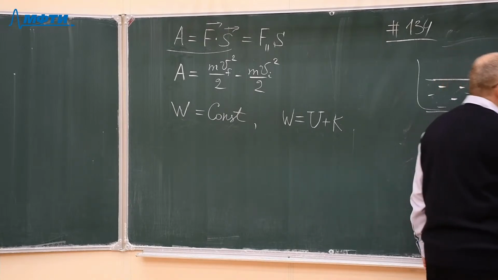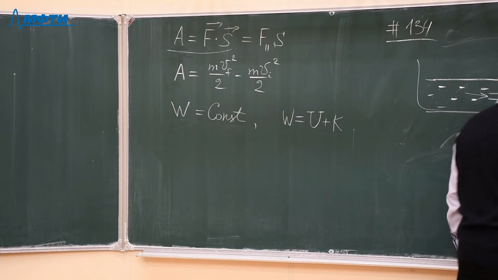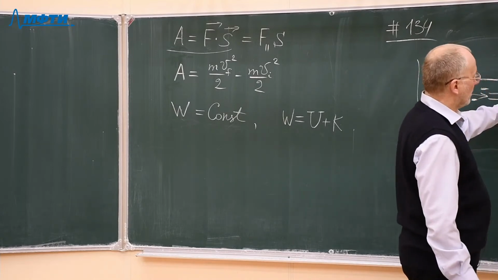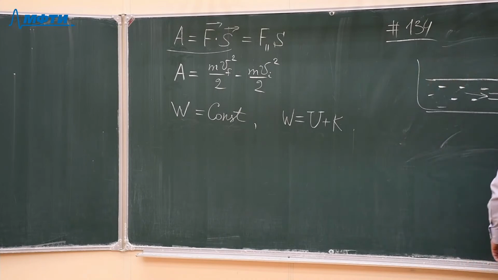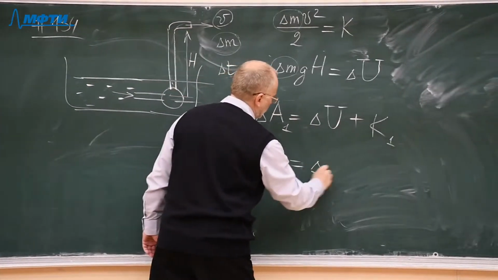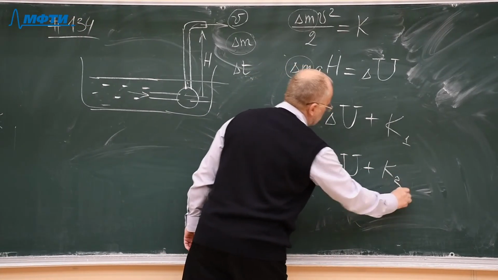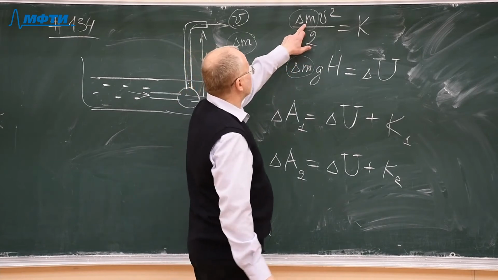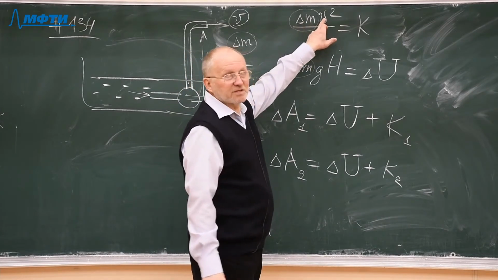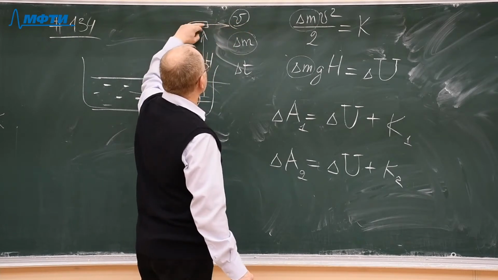And then the amount of water changed, and so the work produced by the pump in a unit time also changed. The potential energy difference is the same, but the kinetic energy will be different because the mass is different, and the velocity will be different because more mass must flow through this orifice in a unit of time.